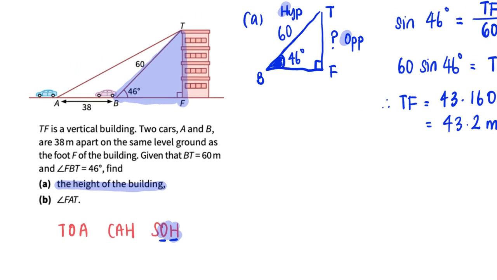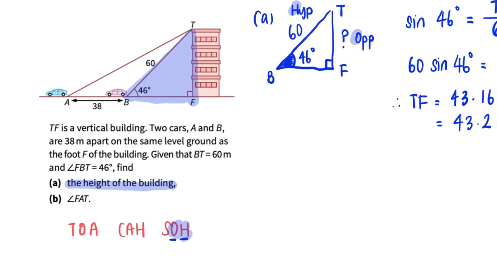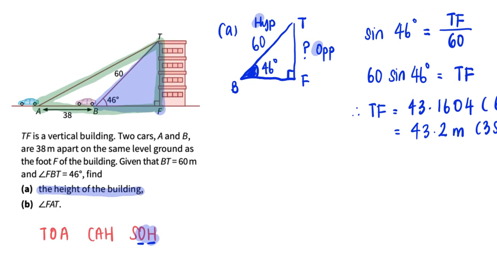Now for part B, find the angle FAT, which happens to be this angle. Then we do need to see the entire green color right angle triangle of TAF. And we already have TF from part A, which will be 43.1604.